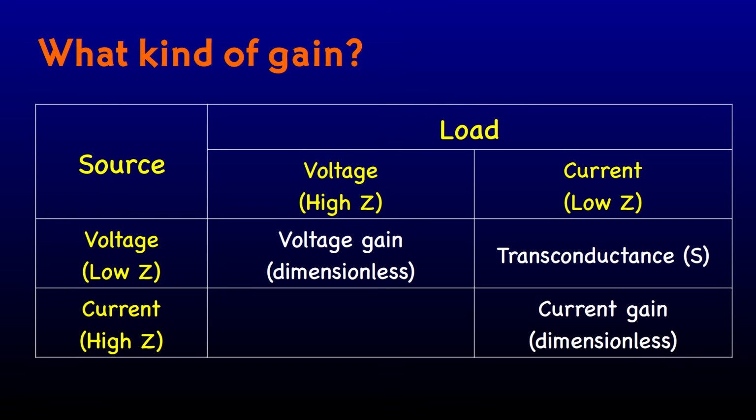So the units will be amperes divided by volts, or Siemens. Siemens are a unit of conductance. We use the trans prefix because the effect is across the circuit. A voltage in one place becomes a current in a different place, so we call it a transconductance. We're going to see transconductance a lot when we get into field effect transistors, because they're naturally transconductance devices.